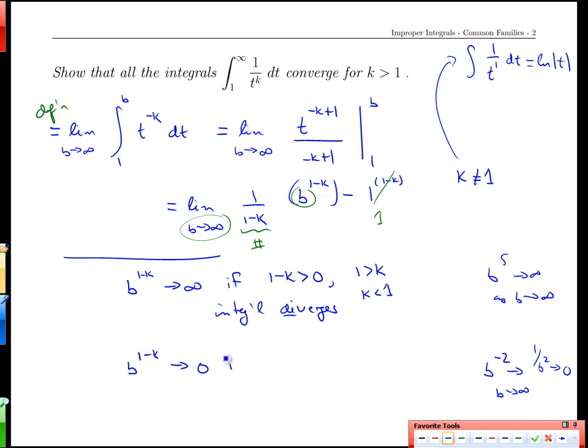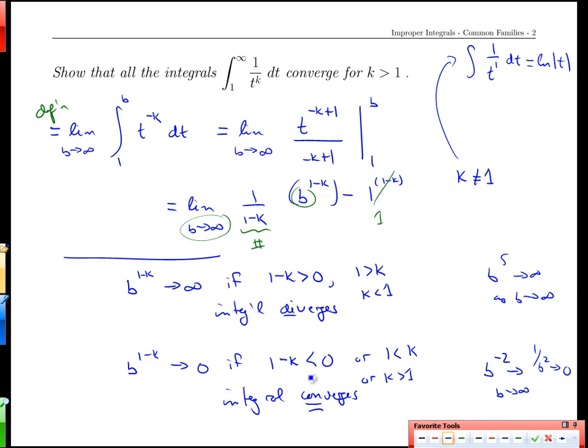That's going to go to 0 if our exponent, and I know this looks strange, but it's just the exponent 1 minus k, if that is negative, or another way to write that is 1 is less than k, or k is bigger than 1 would be the usual way to write that. Then we're going to get the integral converging.